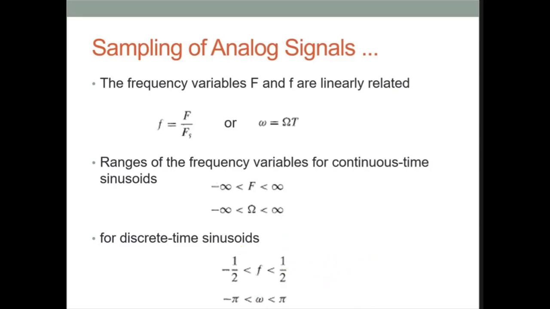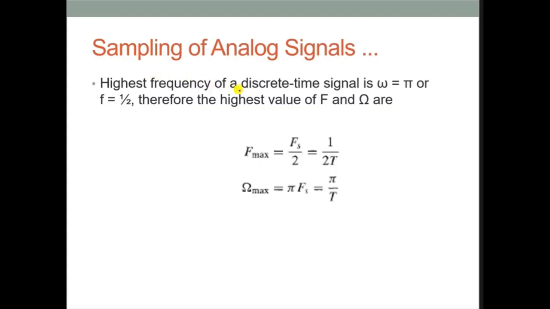Now the highest frequency of a discrete time signal is ω equals 2π, or f equals 1/2.